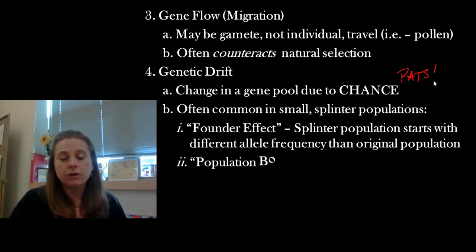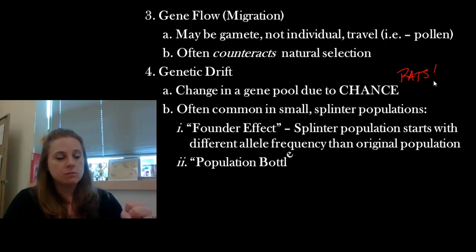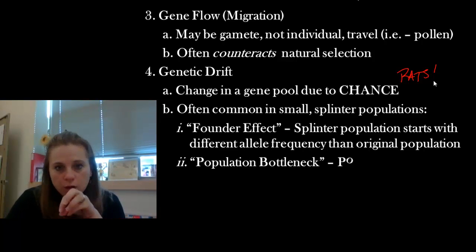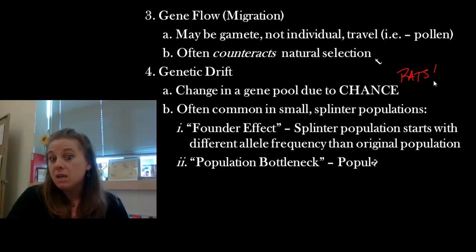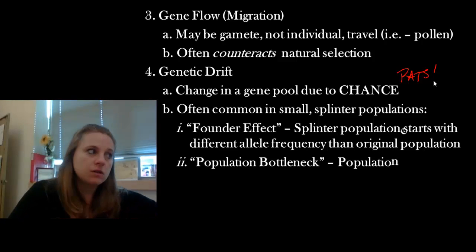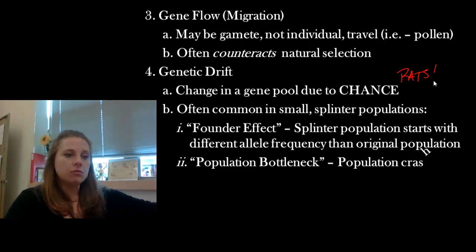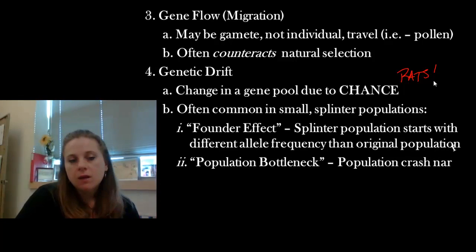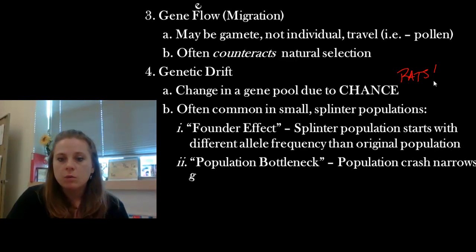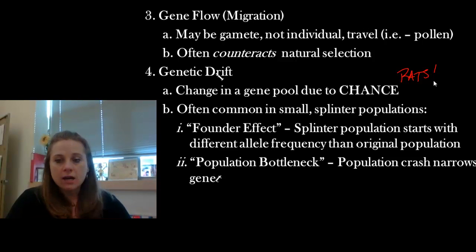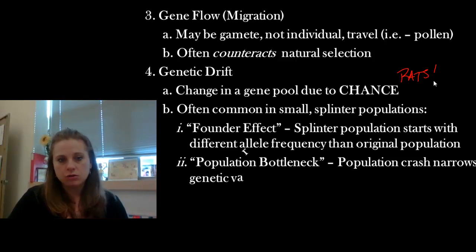So the founder effect is one form of genetic drift, and this splinter population starts with a different allele frequency than the original, because having such a small group, it's by chance what is the actual gene pool of that little group, and that's what they begin with, and that's what then is going to drive the change down the road in their new environment. Population bottleneck is when you get a population completely crashing, and that's going to narrow your gene pool.